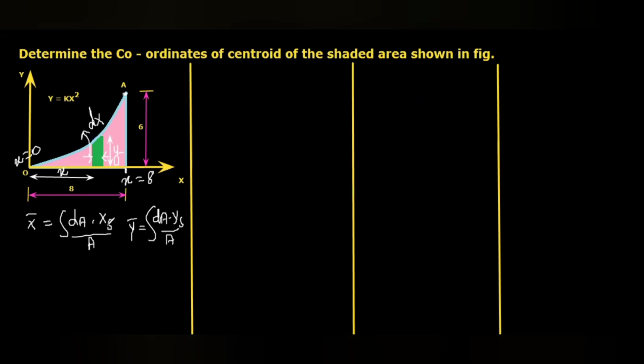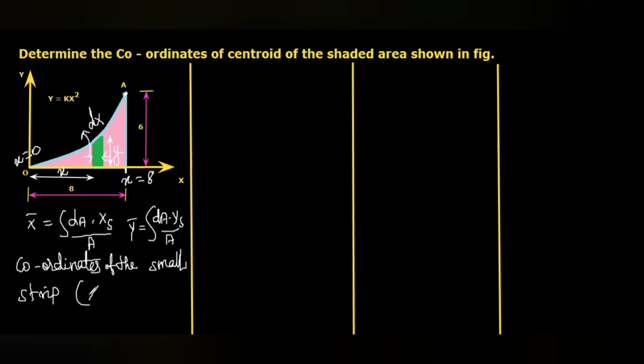Finding xs and ys, that is the coordinates of the small strip, that is xs comma ys.